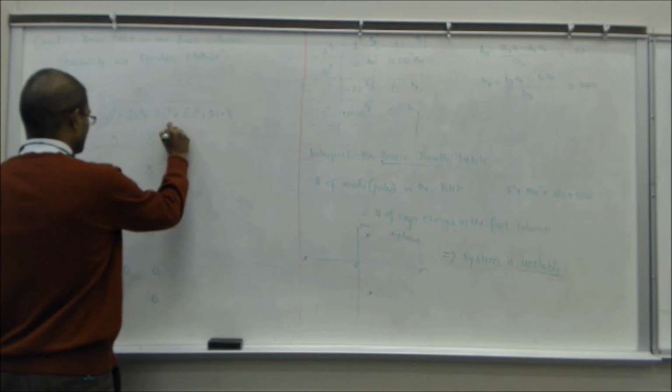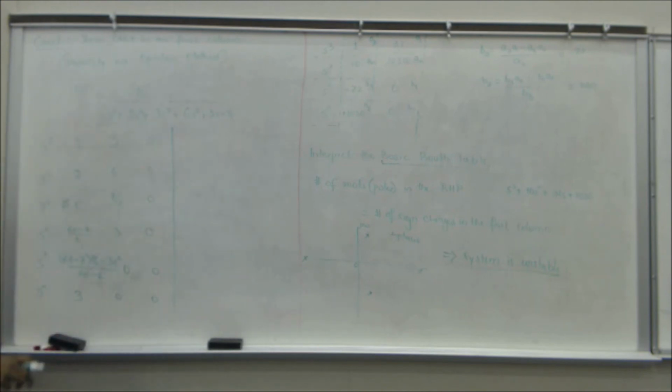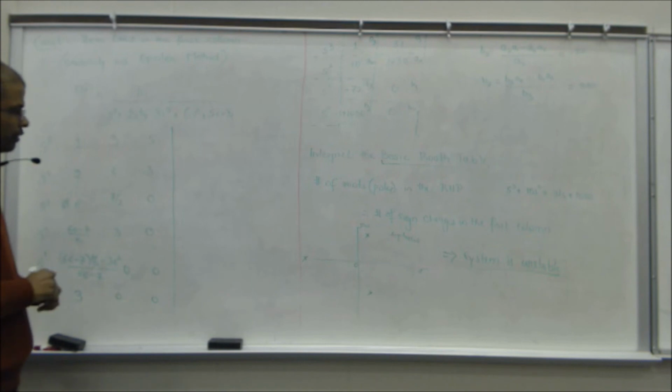Now, how do you interpret this table? Okay. So epsilon is a small number, right? We said epsilon is a small number, a small real number.